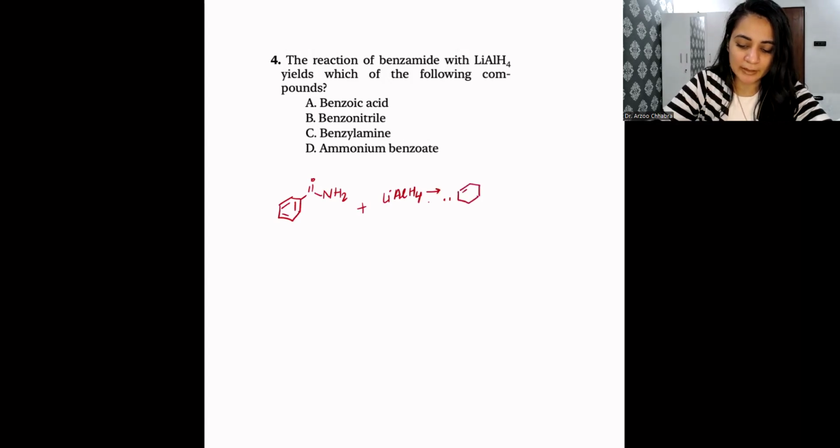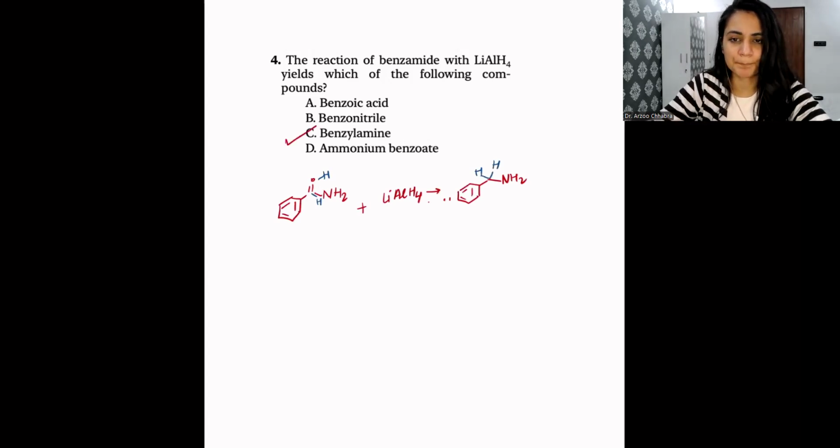So that would convert it to benzylamine. The C double bond O will get converted to a hydrogen here and a hydrogen here. So we get CH2NH2. So we've got benzylamine, option C.